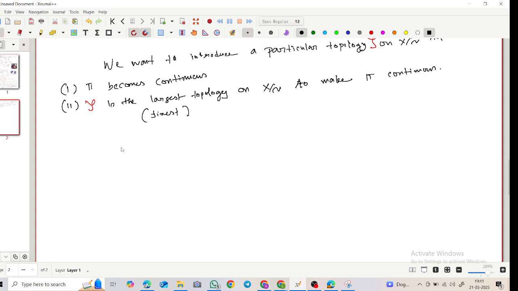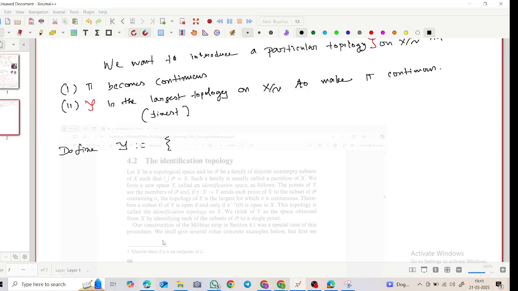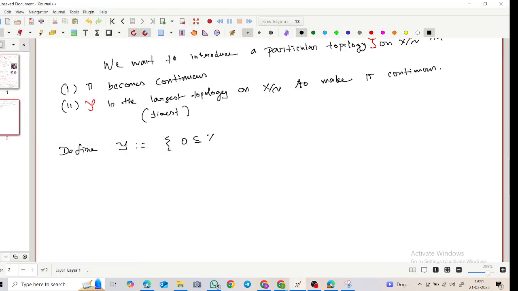So define tau. O subset of X tilde is open in X tilde if pi inverse O is open in X. First tell me whether the definition is clear or not.